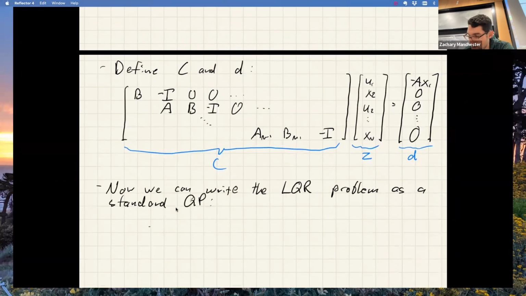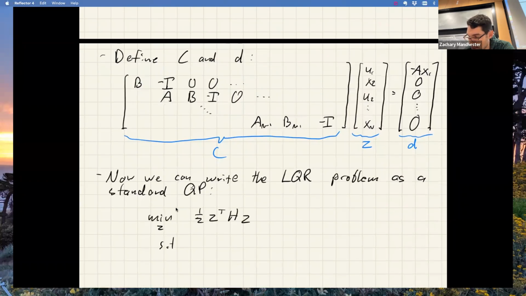Okay, so it's just min over Z of 1/2 Z transpose H Z subject to CZ equals D. Everyone cool with this? Straightforward. Stack everything up.